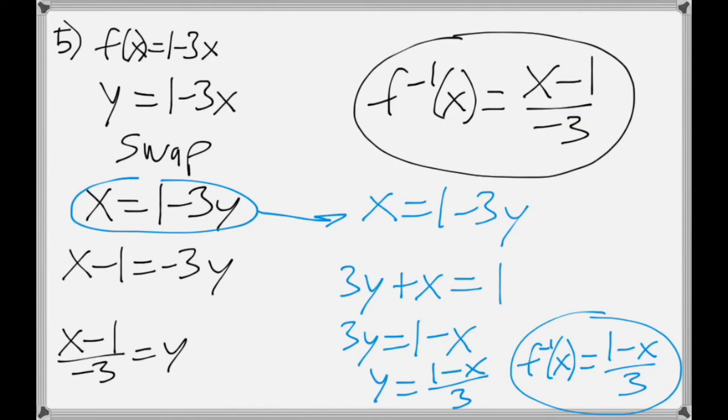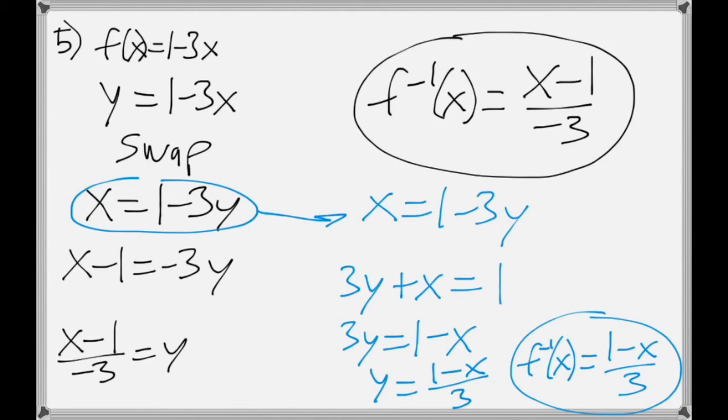So if all of your answers are the opposite sign, then it's actually the same thing. And I'll show why. But for these inverse problems, you really have two answers and they are equivalent. So if you get a different answer than the back of the book or a different answer from me, you could still be right as long as all of your signs are the opposite.